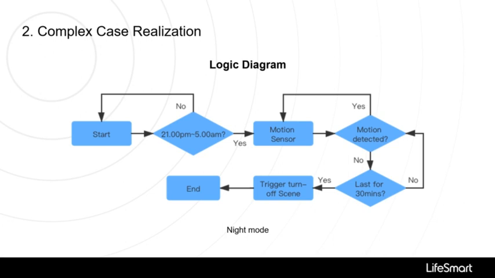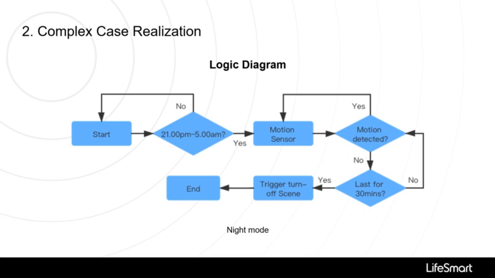The motion sensor will determine whether a motion was detected. If a motion was detected, then it means that there is someone in the living room, and we shouldn't do anything in this case, so it will go back to the motion sensor again. If there's really no motion detected, then it will go to the next step.